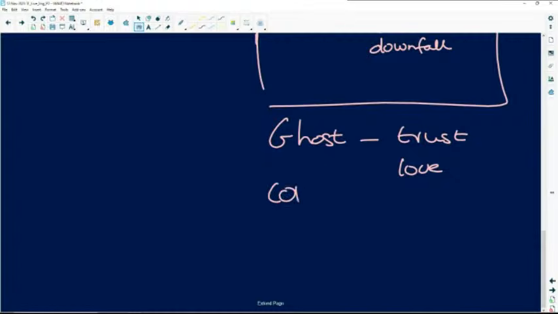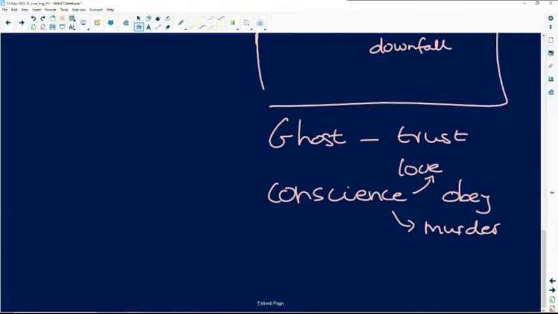Or how do I deal with my conscience? My conscience says that if I love my father, I should obey him. We know that the Bible says, honor thy father and thy mother. But my conscience also says that murder happens to be wrong, especially when it's the murder of a relative and a king. So what does he do?